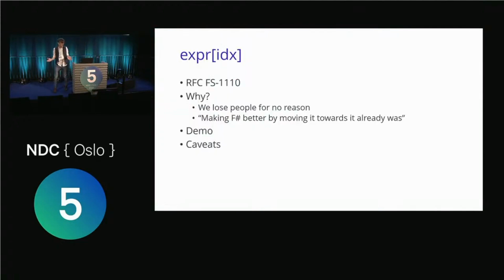So why did we put in all the effort to make this change? Well, we were just losing people for absolutely no reason, and I know this because one of my good friends who absolutely loves F#, and works in machine learning and vision research, said every time he gave a talk on F#, he would show some code, and people would ask, why do you need the dot?